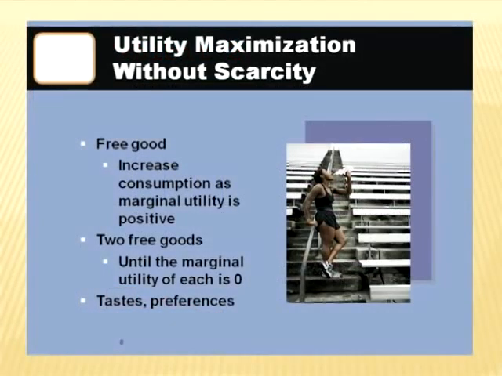Now, if the good was free, that is, if we didn't have to pay for it at all, we would consume the good as long as the marginal utility is positive. In our case, we'd consume 4 glasses of water.